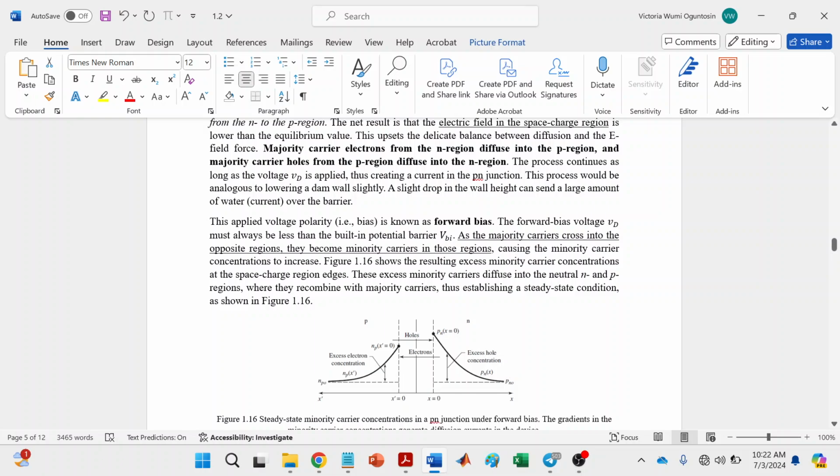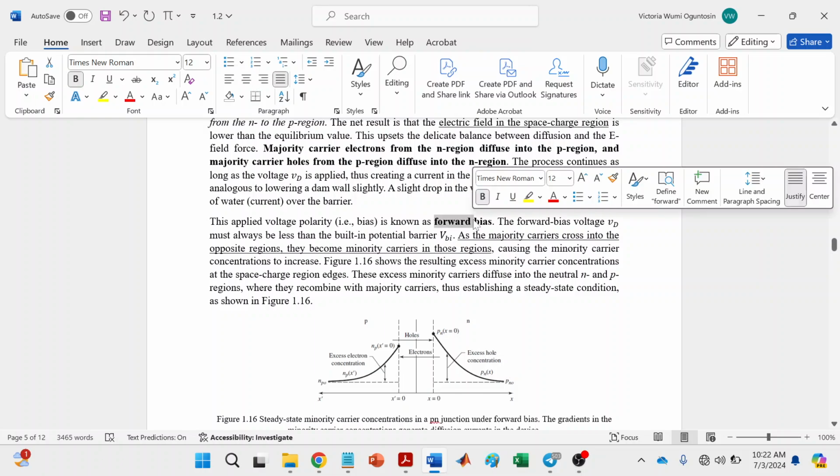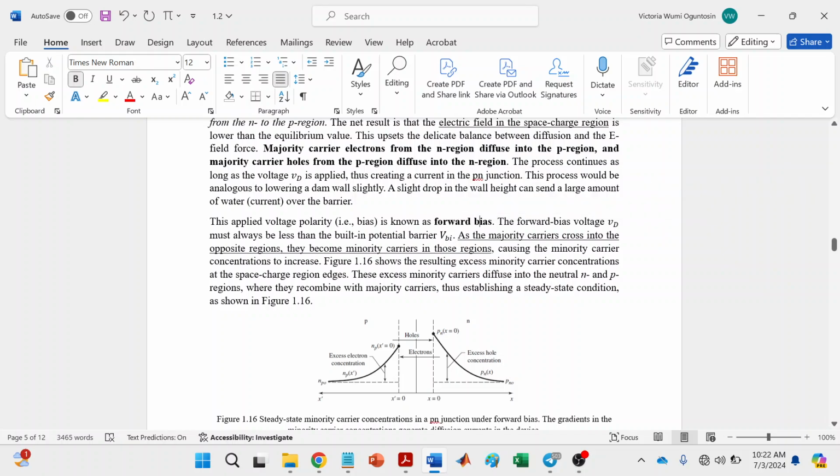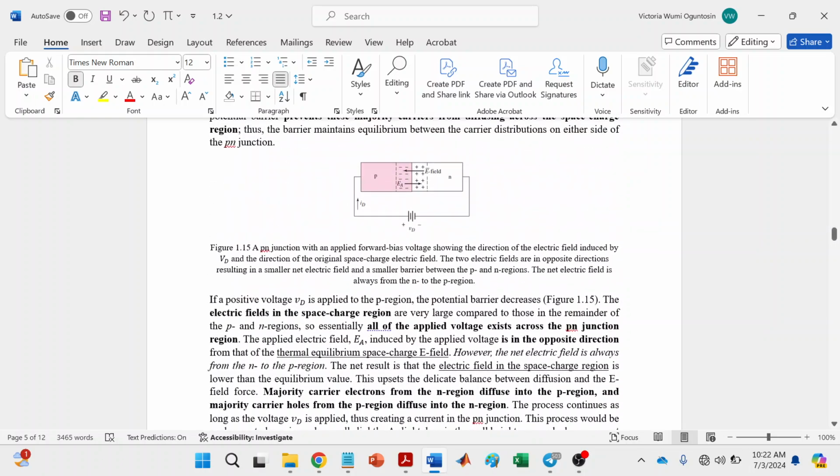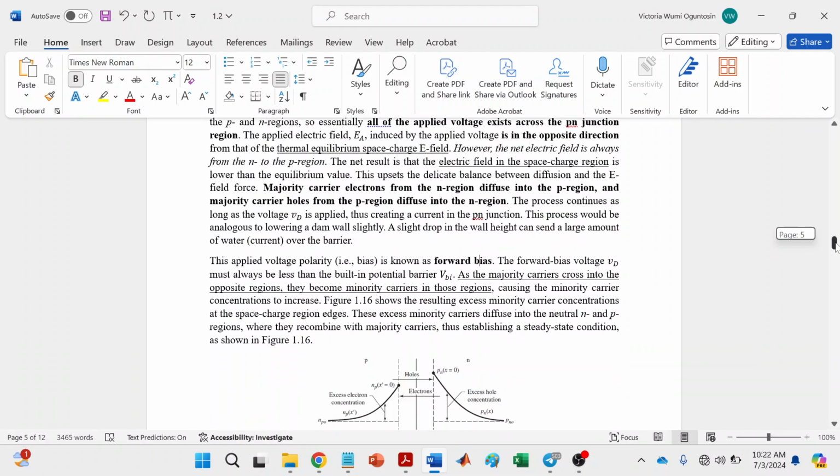So this is known as forward bias. The forward bias voltage is the result of applying a negative voltage to the N terminal and a positive voltage to the P terminal.